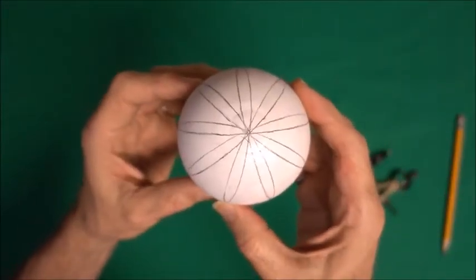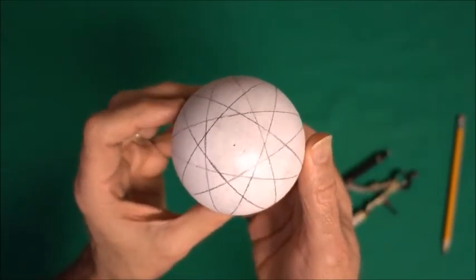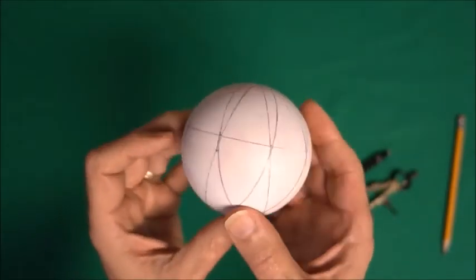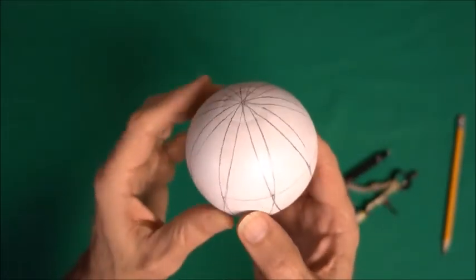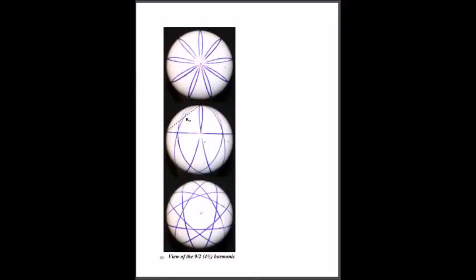There's a 9-petal design. On the bottom of the sphere, it's a 9-sided polygon. And that is the 9/2 harmonic. Here's the top, side, and bottom view of the 9/2 harmonic we just constructed.